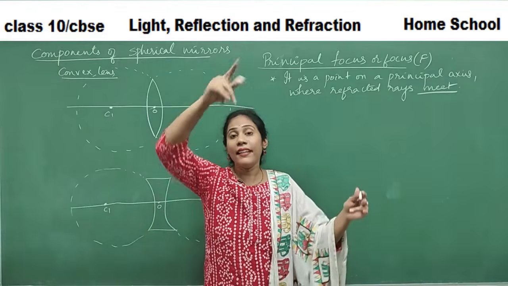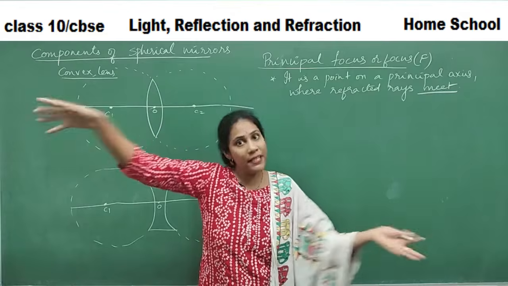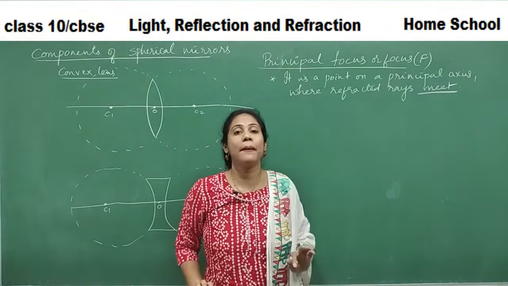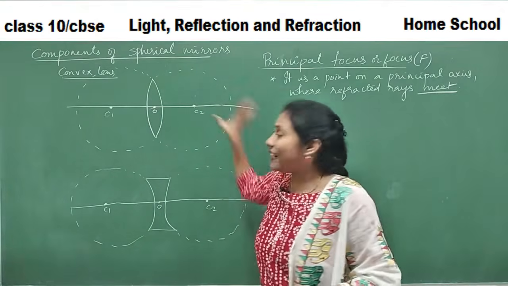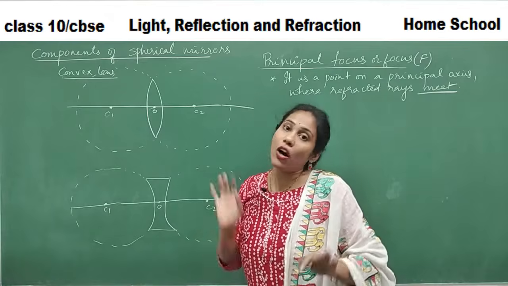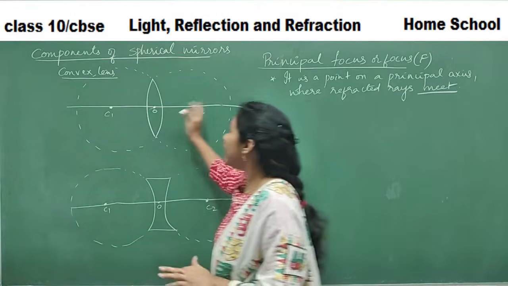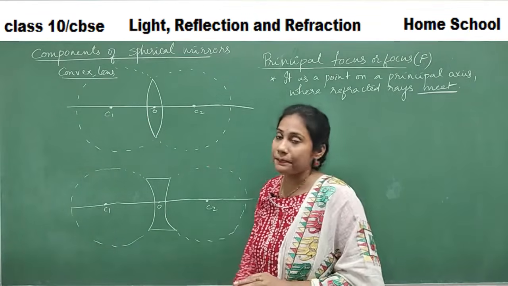There, what was the focus? The point on the principal axis where reflected rays came and met up. But here, the point where refracted rays meet is called principal focus. So let us see how refracted rays meet up in the case of a convex lens.